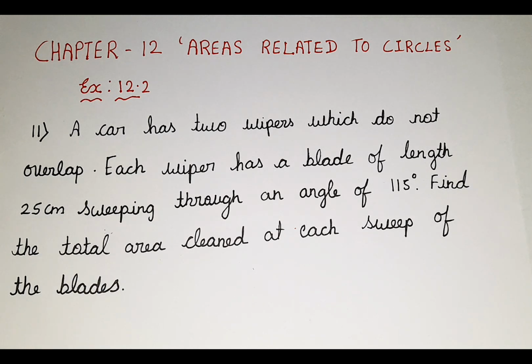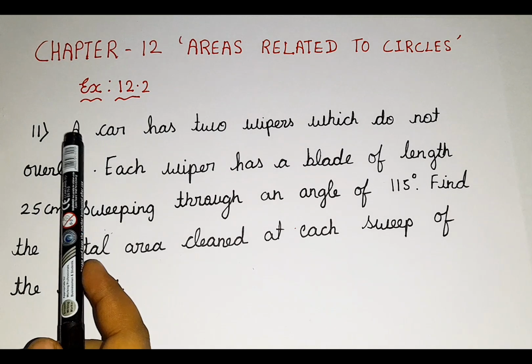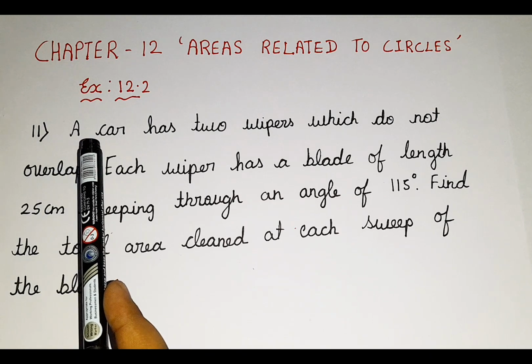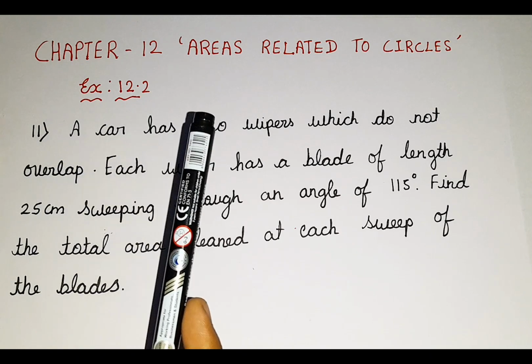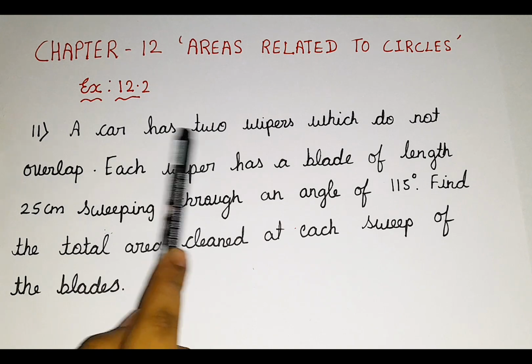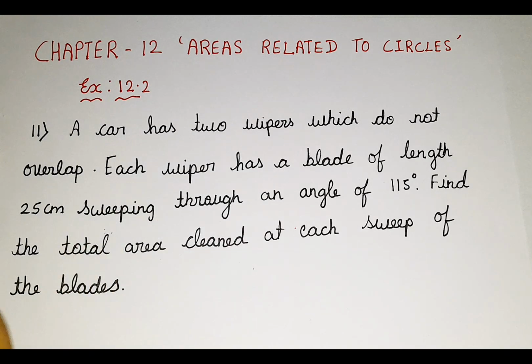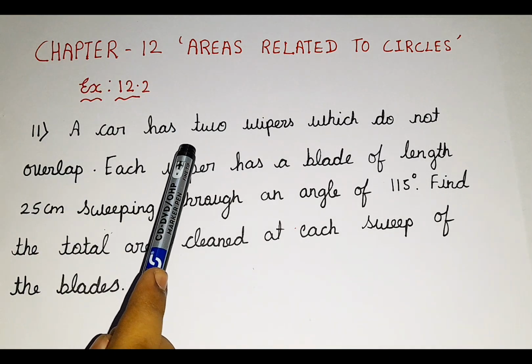Okay, so let us understand the question by comparing it to real-life things. You know the car. The car usually has two wipers, am I right? For what purpose do we use the wipers?